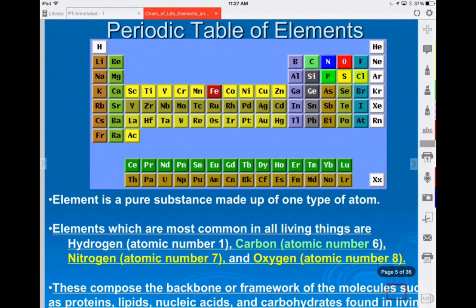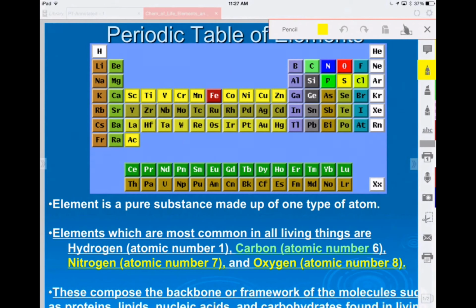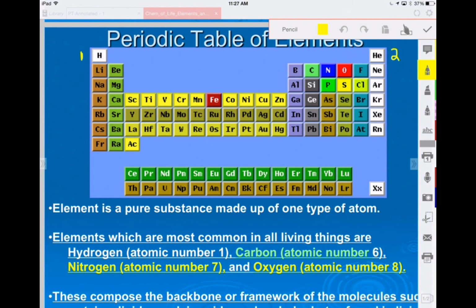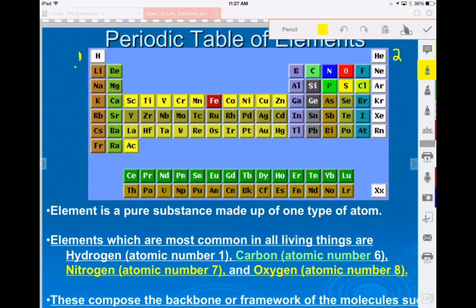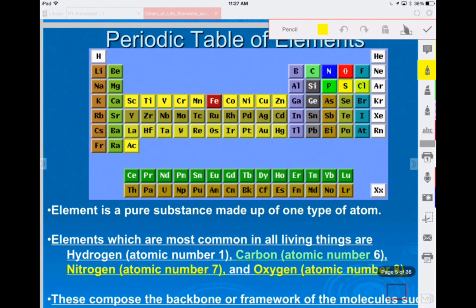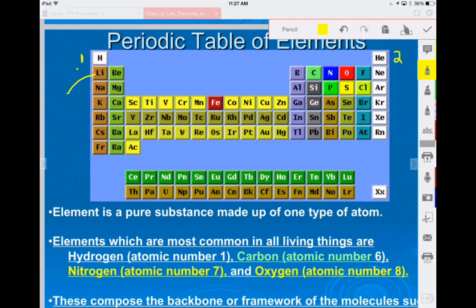When you look at the periodic table, they've left the numbers off here, but if you consider that hydrogen is number 1, then as you go across the table, helium is 2, lithium is 3. Sometimes my stylus doesn't always work the way I want it to. Lithium is 3, beryllium is 4, boron is 5.